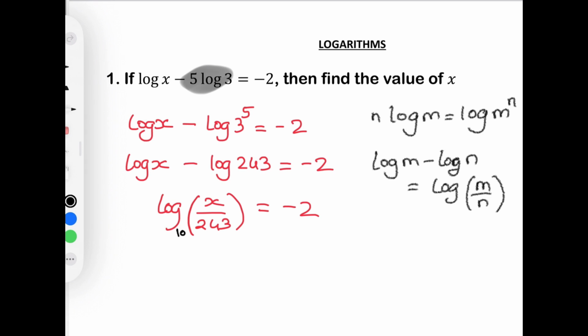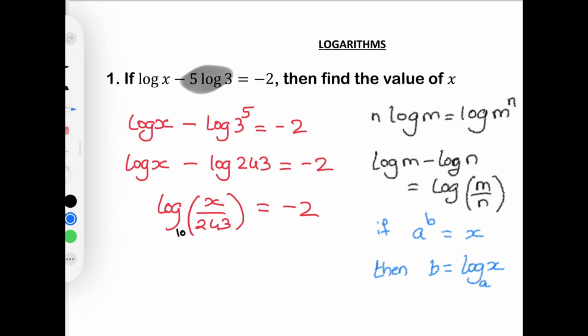We know the definition of logarithm is derived from indices. If we have a raised to b equals x, then logarithm is defined as b is equal to log of x to the base a.